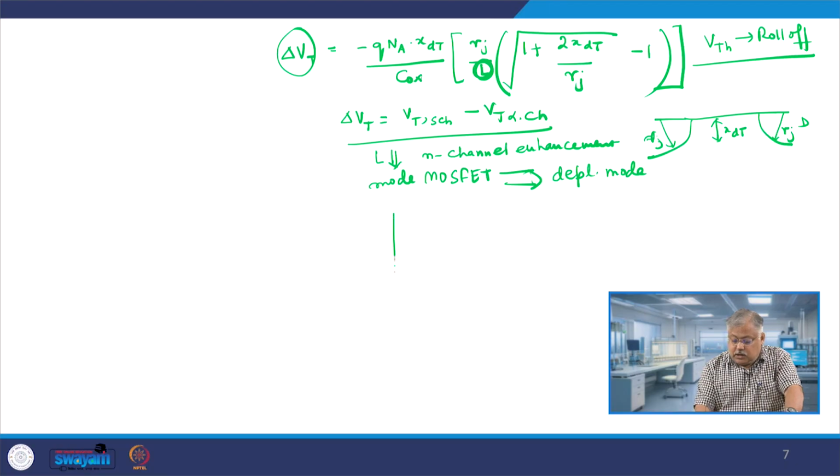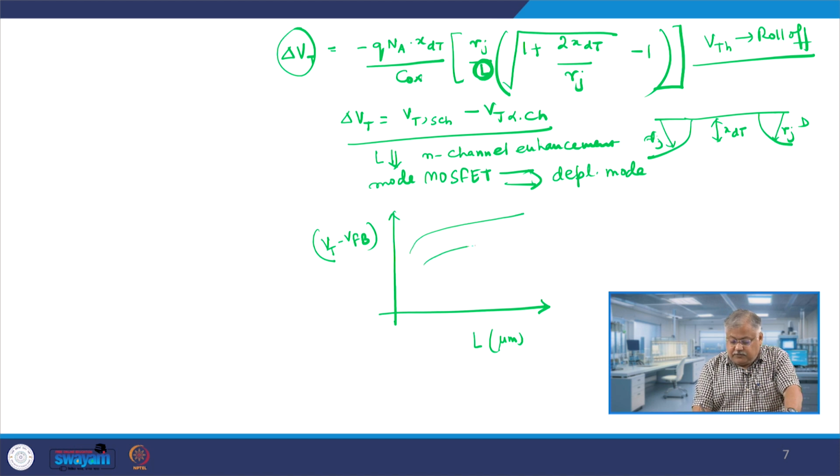Now, you can actually do one more thing. If you plot Vt, the threshold voltage, on the x axis and L on the y axis, in micrometers, and this is basically Vt minus Vfb, the flat band voltage change which you expect to see, then the graphs which we get for various values of Vsb look something like this.